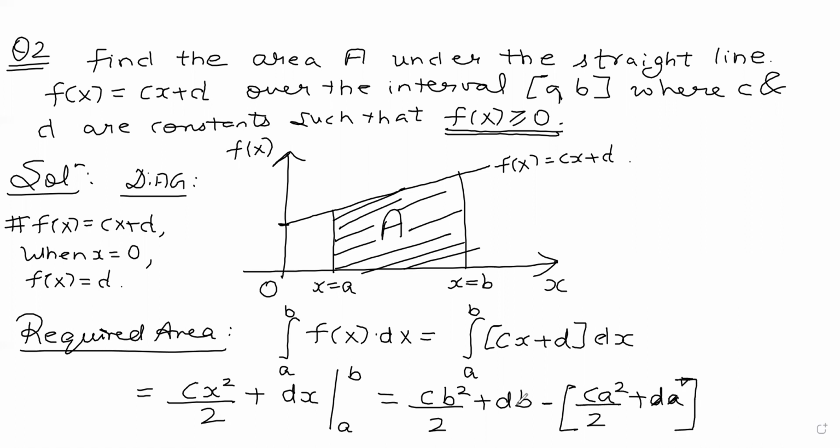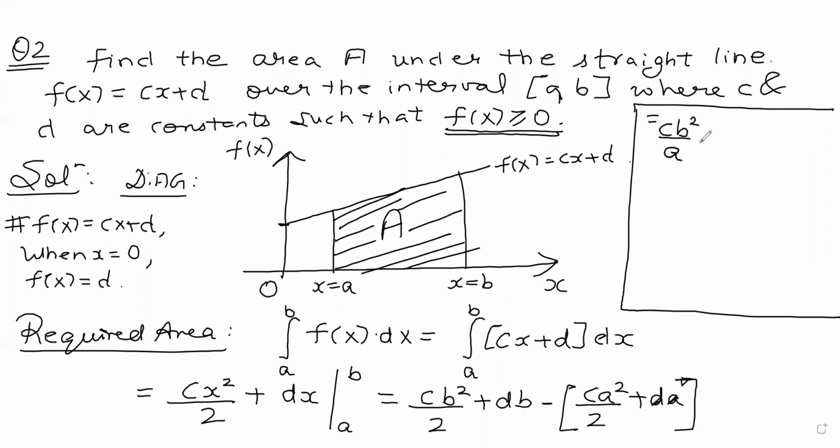And if I continue to solve this on the right hand side of the screen, let's see what we get. So I can write cb square by 2 plus db minus ca square by 2 minus da.